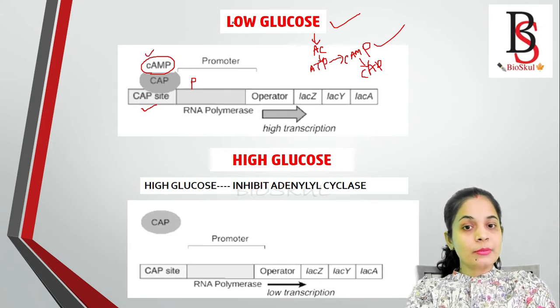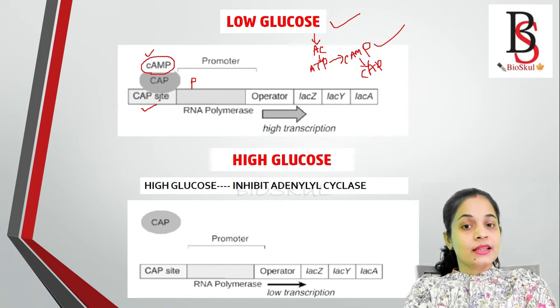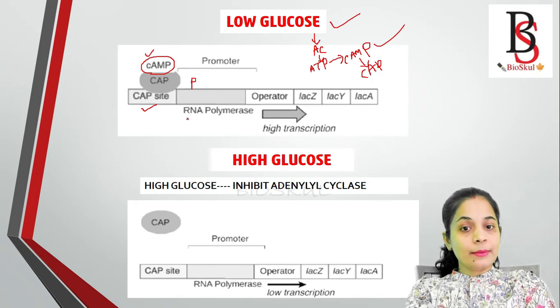When in the media the glucose concentration is low, then cyclic AMP is produced. So when cyclic AMP is present, the CAP protein will get activated and bind to the CAP site. As the CAP protein binds to the CAP site, it will enhance the binding of RNA polymerase to the promoter region.